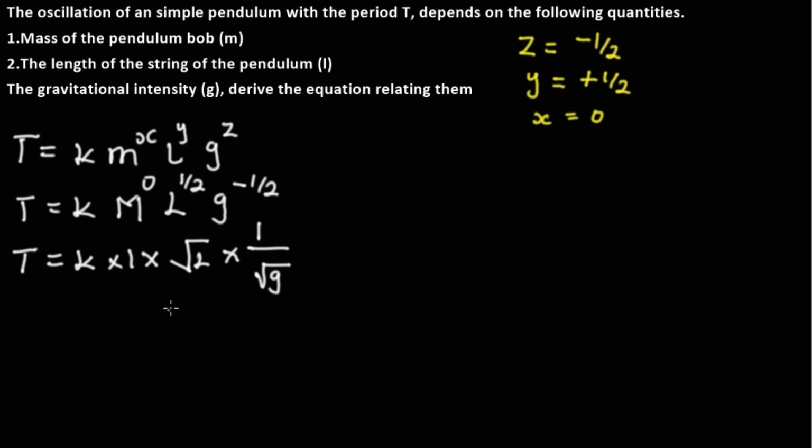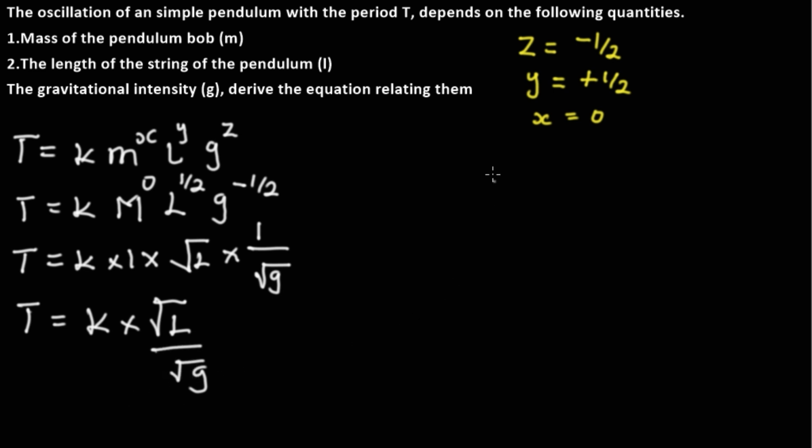So we further simplify the equation, and we know that T is equal to K times 1, which is K, multiplied by root L over root G. You should remember, root L multiplied by 1 gives us root L, so it's going to be divided by root G. Now we're going to factorize this.